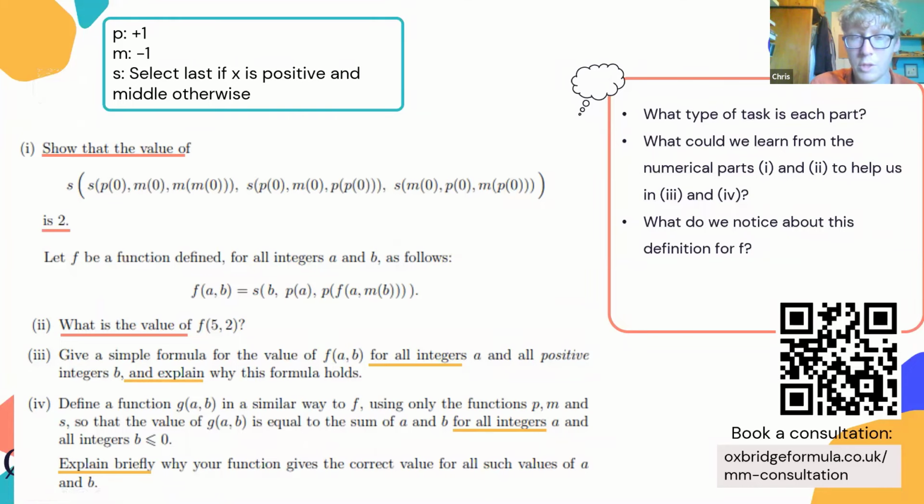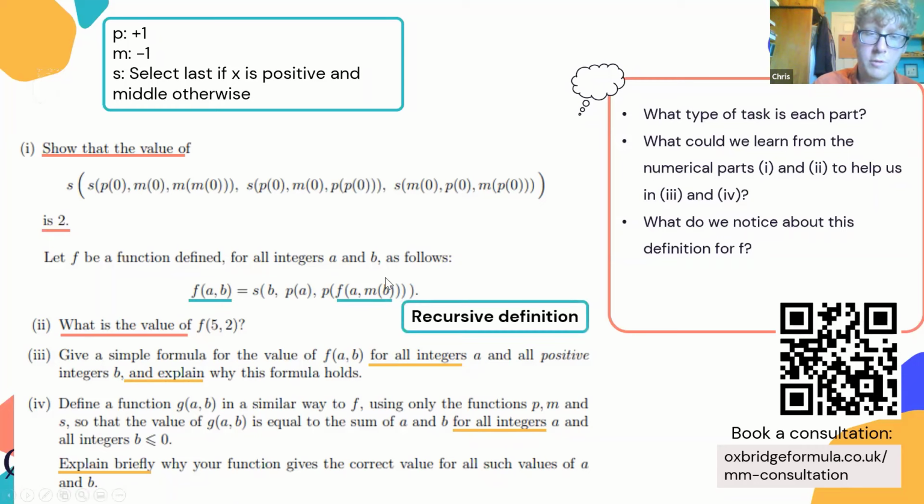So what kind of function definition does that make this? It makes it recursive. So it's a recursive function definition. So that means we know we're going to have to look out for recursion when we're doing parts 2, 3, and 4. And finally, 3 and 4 also, maybe there's some relationship between these parts. It actually says in part 4, you're meant to do it in a similar way to f.